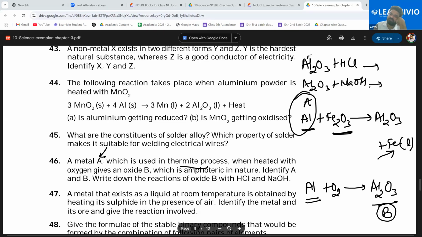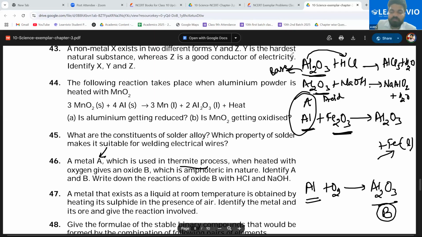When a metal oxide reacts with HCl, it will give you salt and water, that is AlCl3 plus H2O. And the same aluminum oxide, when it reacts with base, will give you salt and water, sodium aluminate, NaAlO2 plus water. Here Al2O3 is acting like a base, and here Al2O3 is acting like an acid. That's why Al2O3 is an amphoteric oxide.